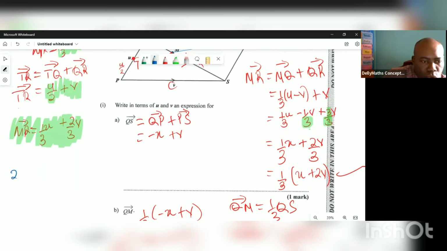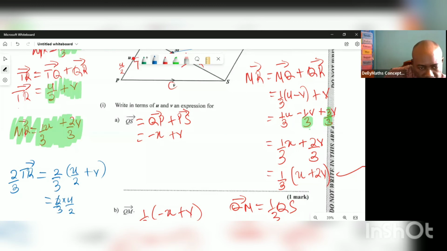So I'm looking at multiplying this. If I take 2/3 of TR, so 2/3 TR, definitely I will get MR. So let us look at it. 2/3 TR, let's distribute it. 2/3 times U over 2.